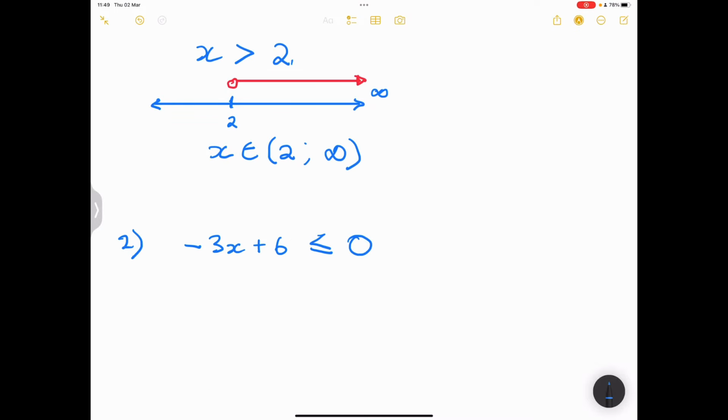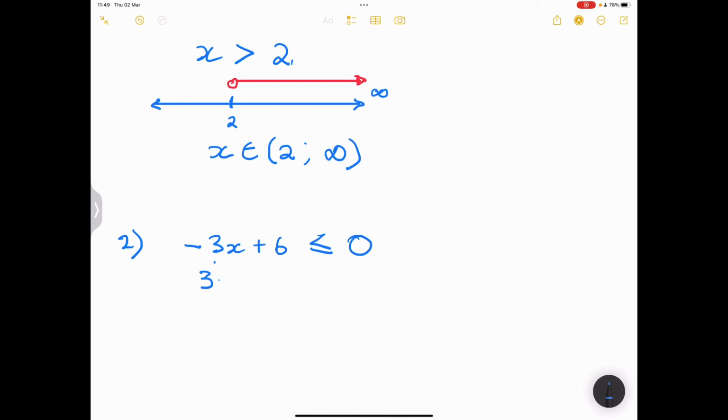Now ladies and gents, I want you to please be very careful. Once we've got a negative sign in front of our x value, we need to multiply by that negative. So I'm going to multiply everything by negative, so everything will change sign.